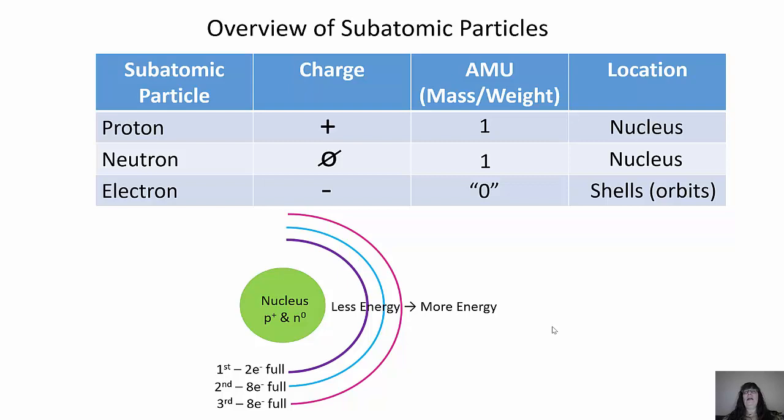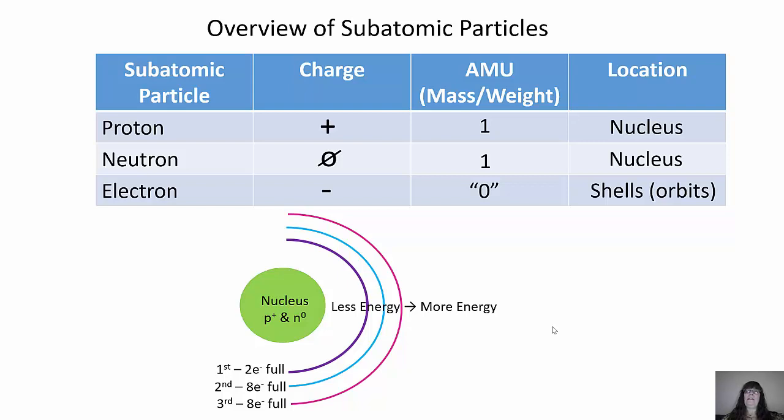So neutrons and electrons are kind of opposite as far as adding or taking away goes. Neutrons do not affect the charge, but they affect the mass. Electrons affect the charge, but they do not affect the mass. And then again, protons and neutrons are in the nucleus. The electrons orbit around the nucleus in the shells.